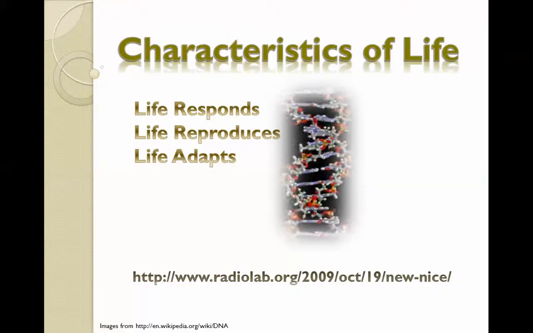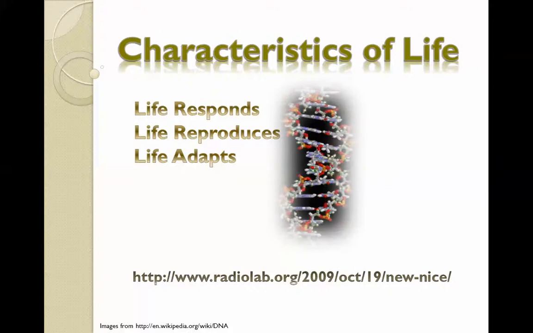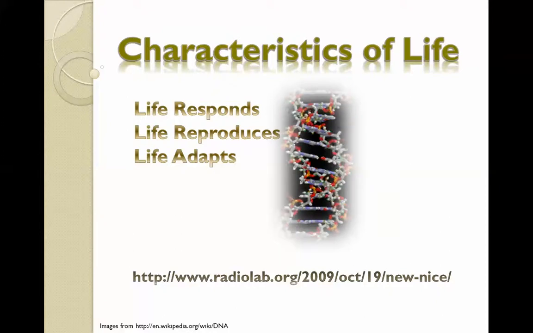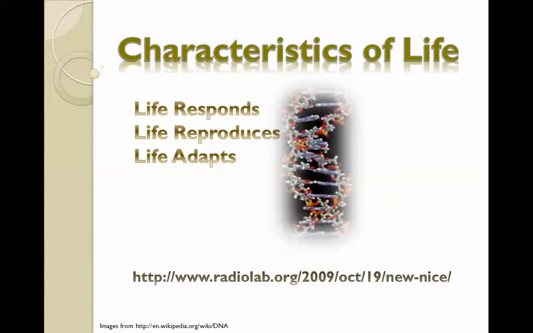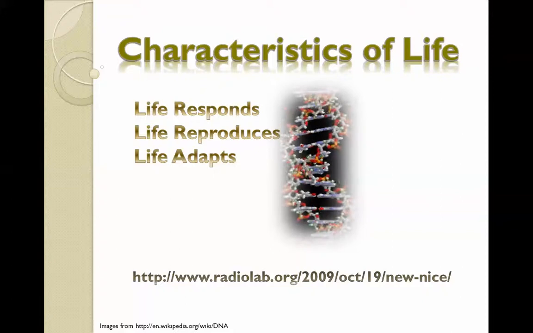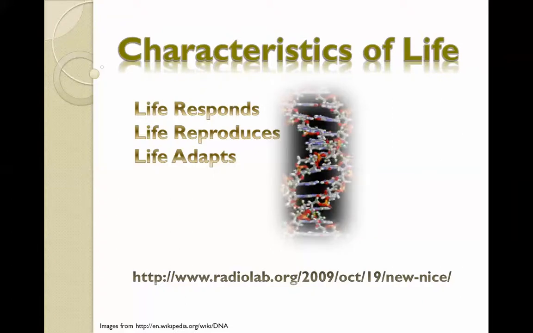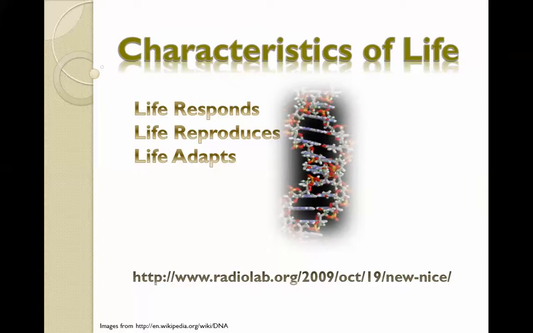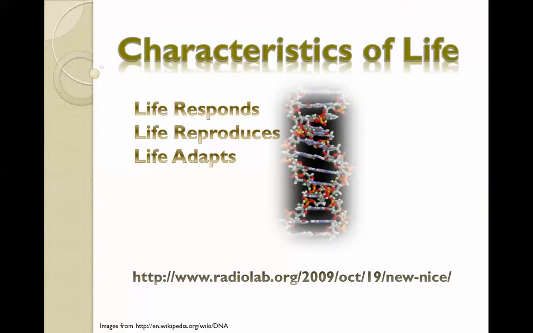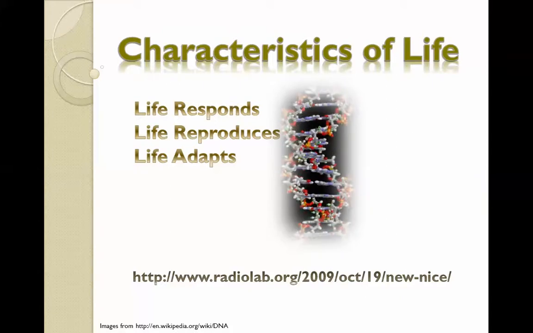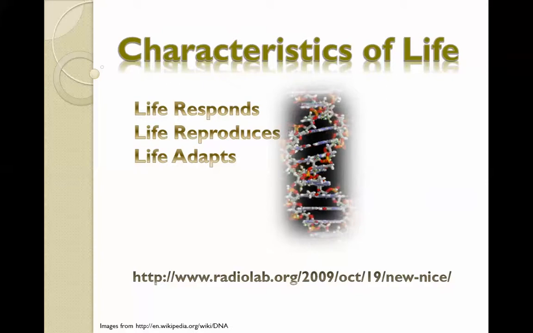Life adapts. We change over time. It's a slow process. It can be difficult to see. But if you go to the website, radiolab.org, there's a really neat podcast on adaptations of Arctic foxes and how if you change the environment, you can get it to happen a lot faster than you might think.